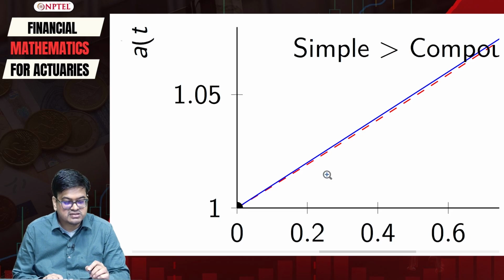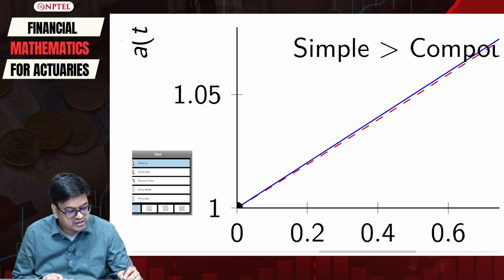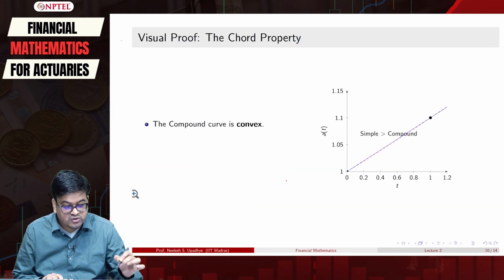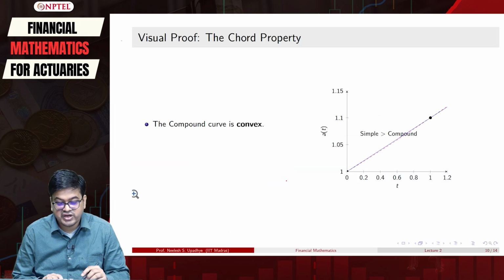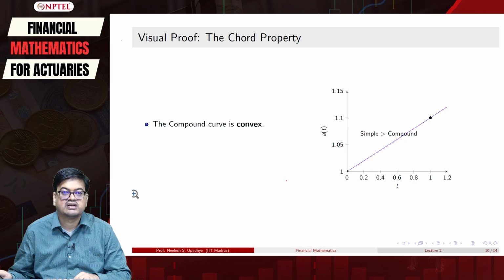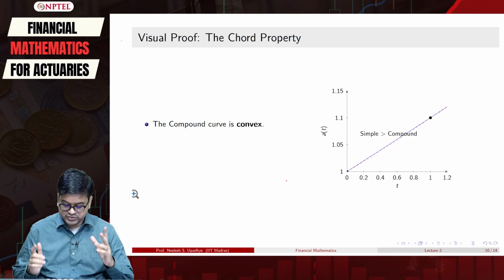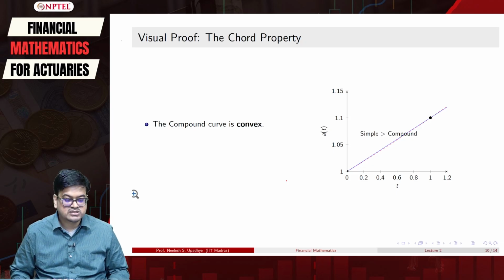So this is very evident, and therefore you should always choose simple interest over compound interest whenever you have a time period which is very short, less than 1 year or less than 1 unit. So simple interest always works better.